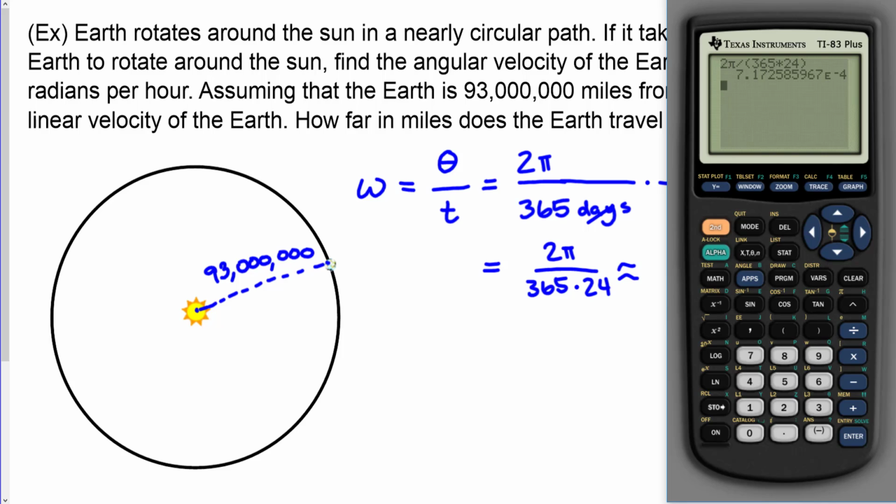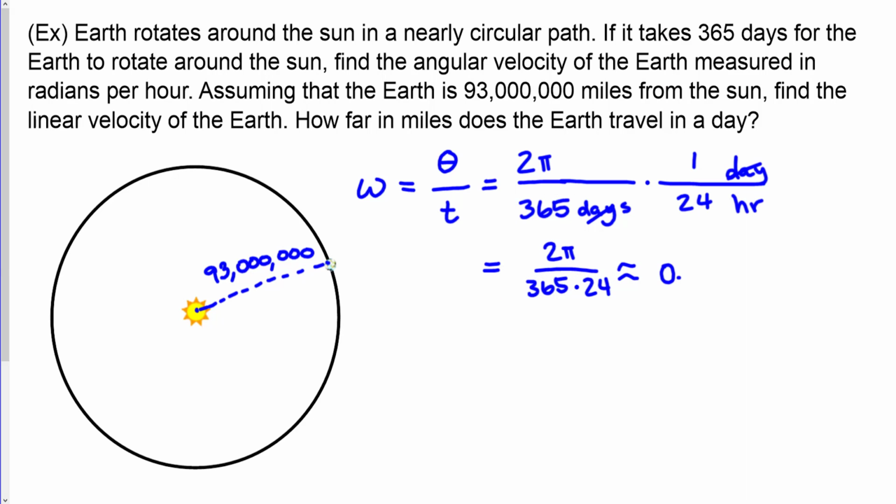So remember, this represents scientific notation. So it's the same thing as 7.17 times 10 to the negative 4th power. Or you would have 3 leading zeros, so 0.000717. And this would be radians per hour.